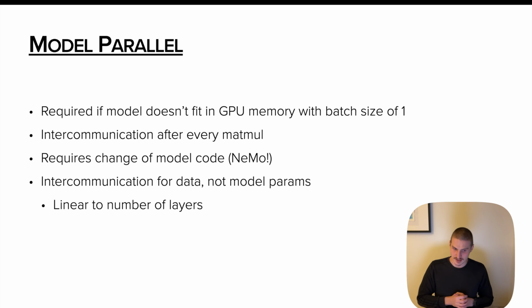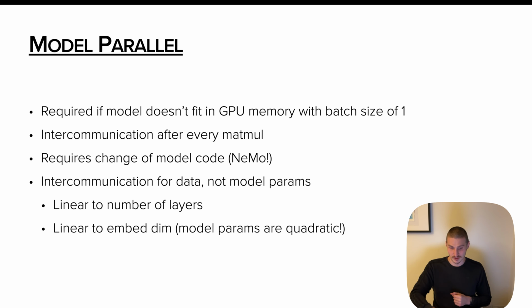And in many cases, that's actually beneficial because the data size scales linearly with the number of layers and embedding dimensions, whereas the amount of data you would have to send if you were sending model parameters scales quadratically with embedding dimension. Which means that in the case of big models, model parallel might actually be more effective with respect to the amount of data that is being sent around.